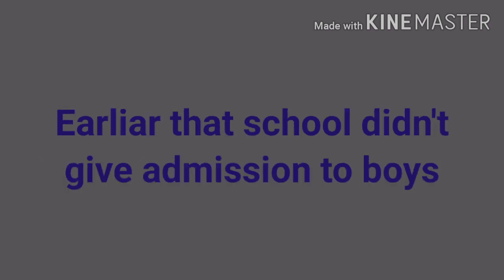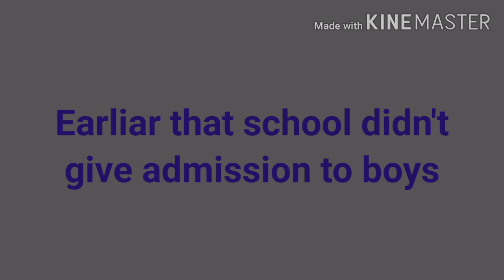Another one, she acted in films as a child. So, she was a child artist, but now it is not like that. So, that was a past fact. Next one, earlier that school didn't give admission to boys. That means it is a fact that in olden times that was a girls' school.